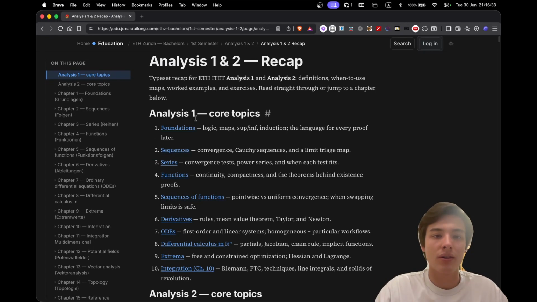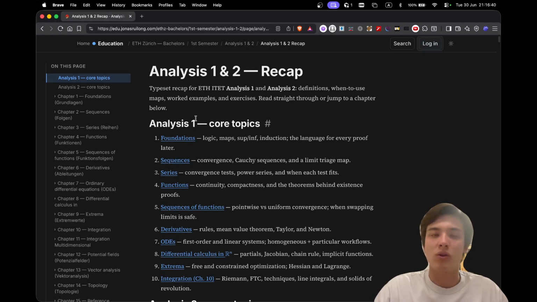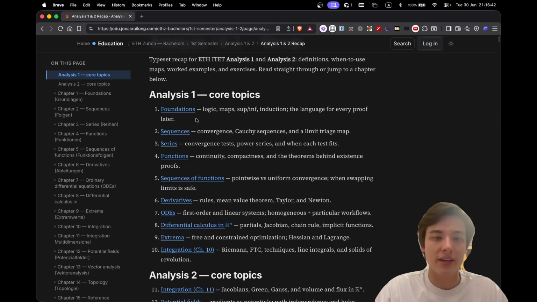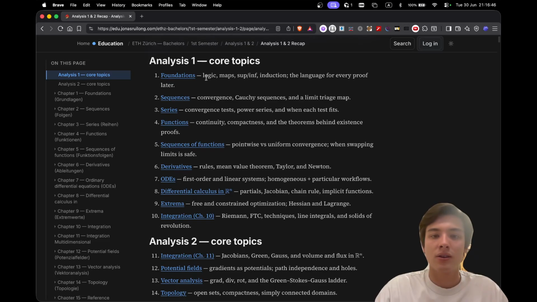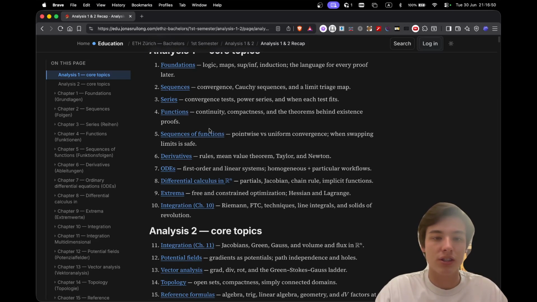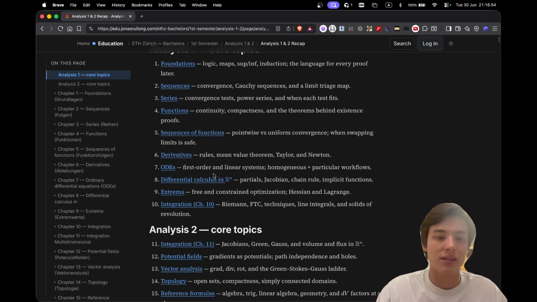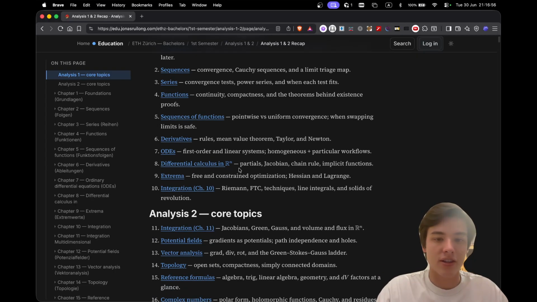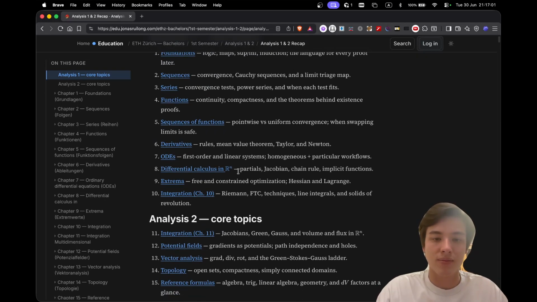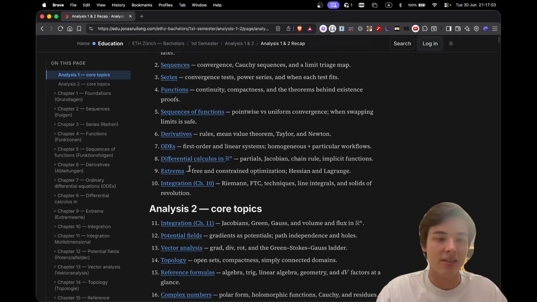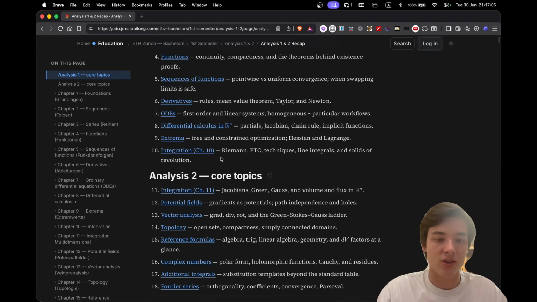First of all, this is analysis 1 and 2, which I took at ETH. For analysis 1, we look at the foundations, sequences, series, functions, sequences of functions, derivatives, ODEs, differential calculus in multidimensional space. We'll look at extrema, integrations.